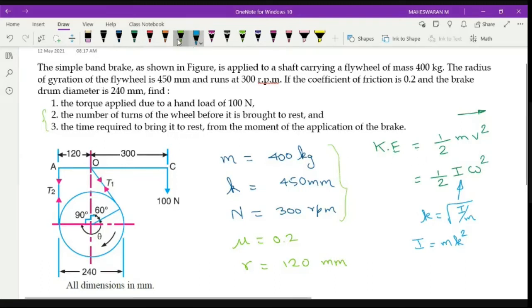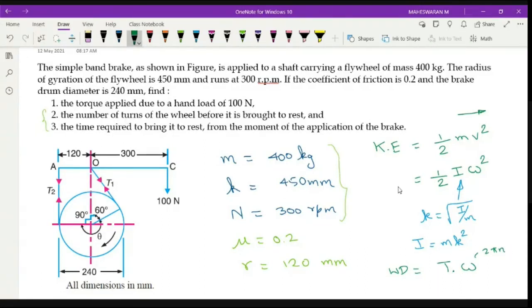Similarly, work done in terms of this. Work done will be torque into omega. Omega is just 2 pi n, the number of rotations. So omega is nothing but 2 pi n, and this n is what we need to find, that is your number of rotations.